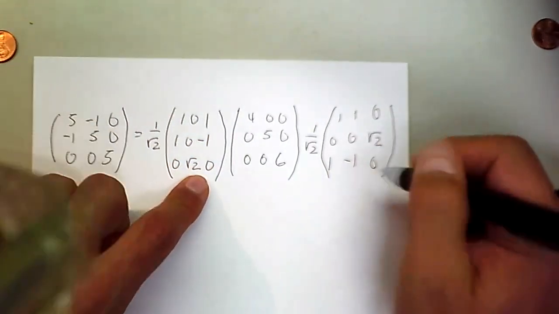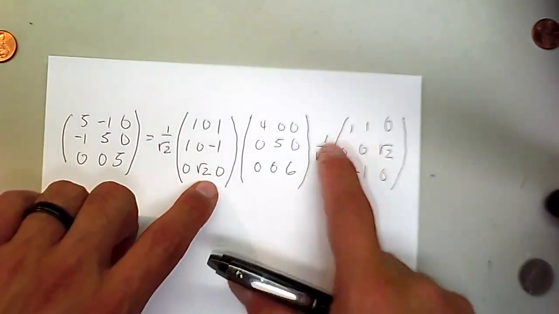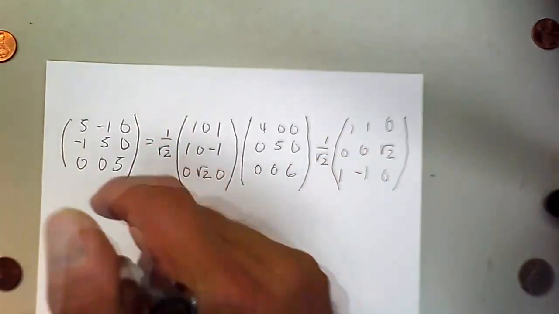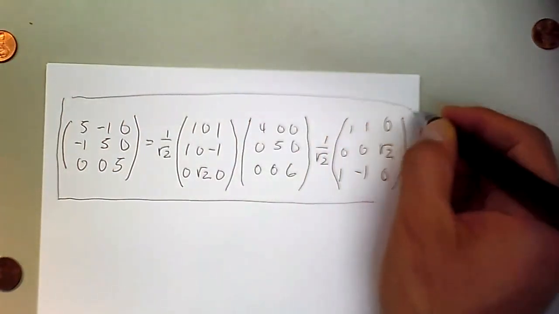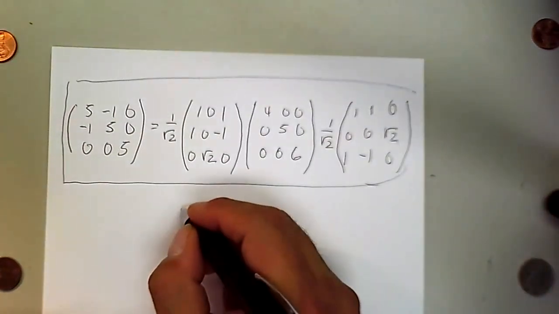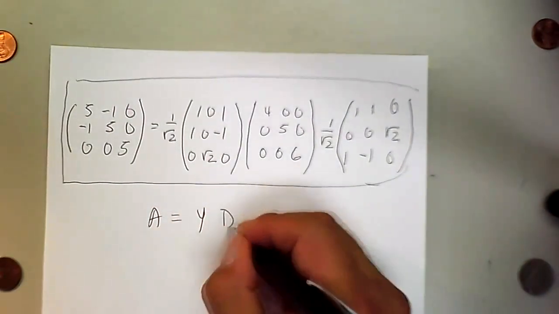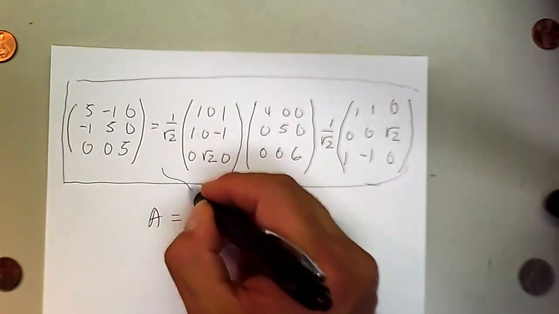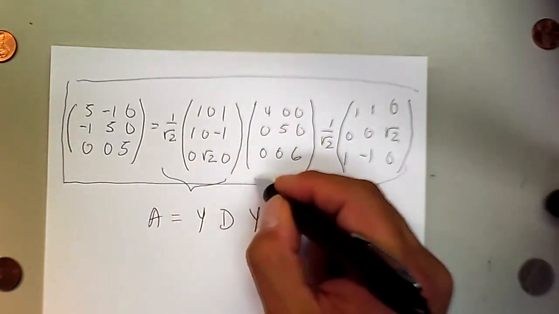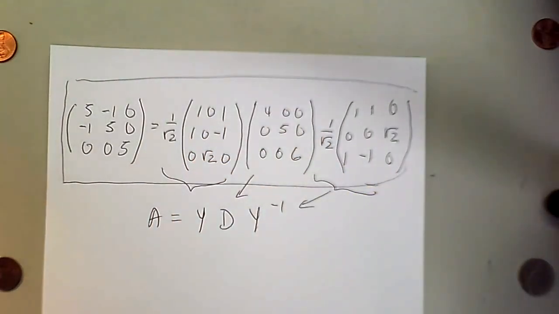And we already checked that this, with this scalar, is the inverse of this matrix. So there we have it. And I'm going to be asking to write A as Y, D, Y inverse. Well, this is Y, this is D, and that is the inverse. Yep.